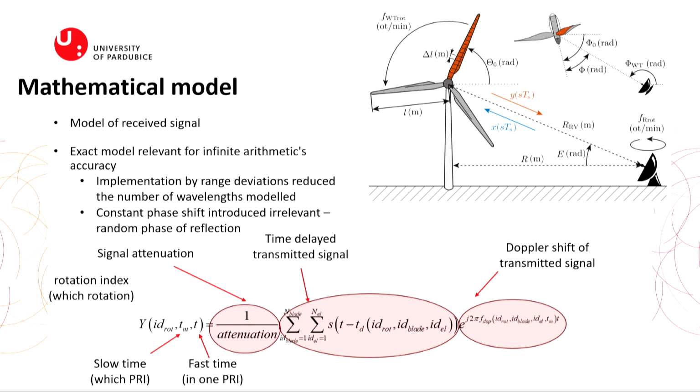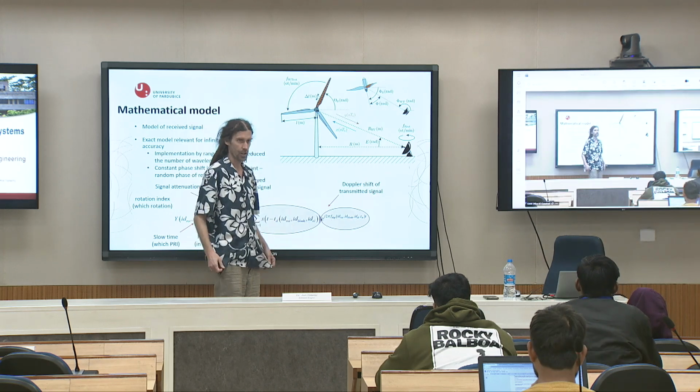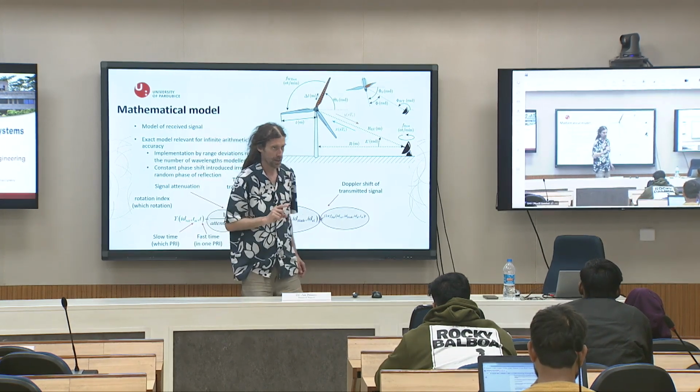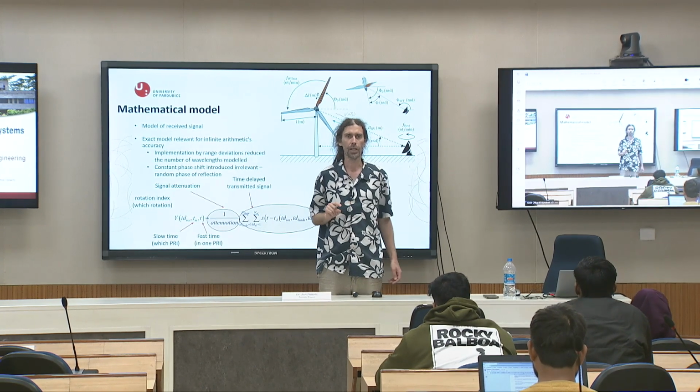One wind turbine, 20 rotation, and 3 blades, shifted 120 degrees, of course. And each blade has sections, these elements. By the way, there we make one more simplification.